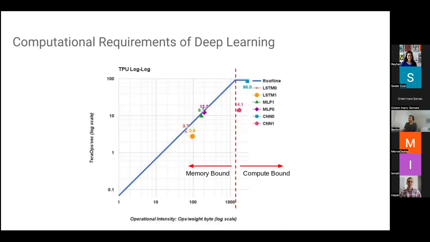For example, CNNs are towards the right, they are compute bound, and the other types are on the left, they are memory bound or heavily memory bound. So there is no balanced machine that can be efficient for all the networks. So this is one of the biggest challenges, right?